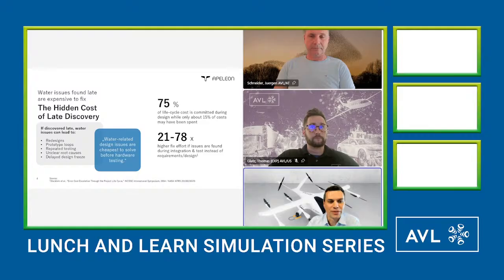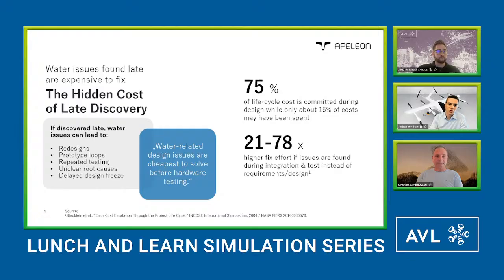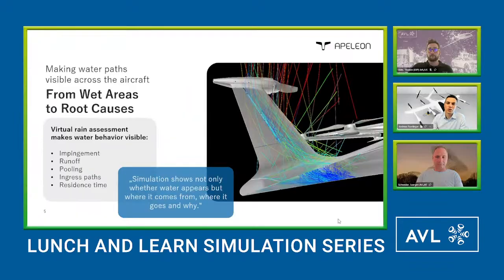And that's something that is very interesting to understand, and not only see the effect, but also understand the root causes. So we see in tests or in reality at the end where we have wet spots, to keep it simple, but we don't see exactly the reason for it.